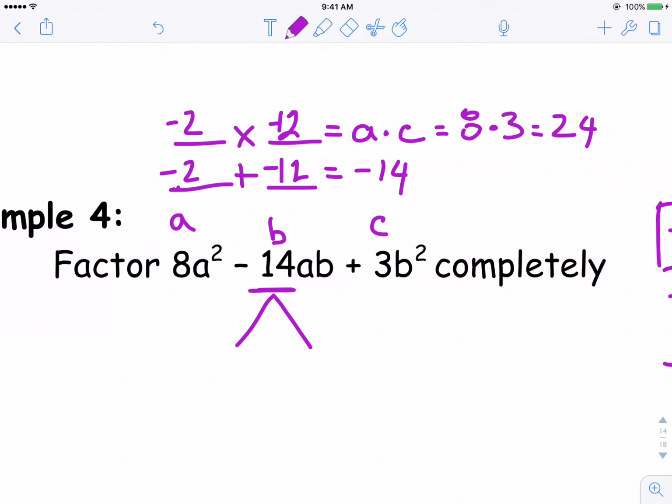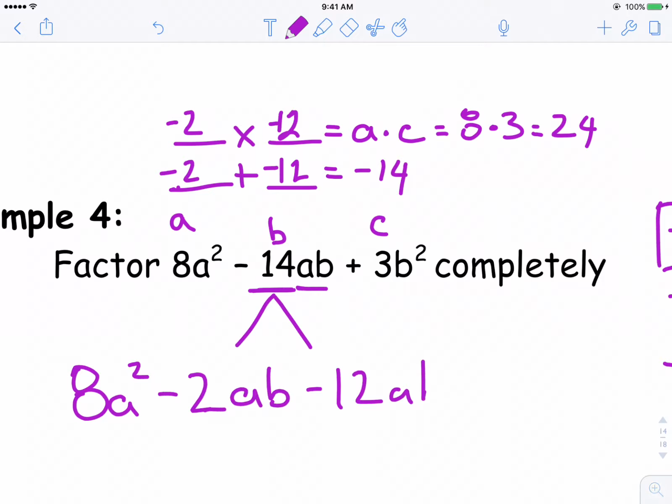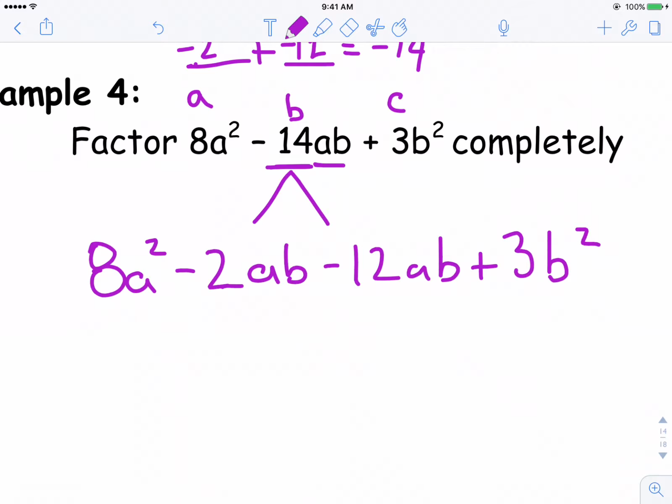Split this middle term up into the two values you just figured out. 8a squared minus 2ab minus 12ab, and then plus 3b squared. Alright, so far so good. When I simplify this, that would combine back to the negative 14ab. So we're all good. Next step, factor by grouping.